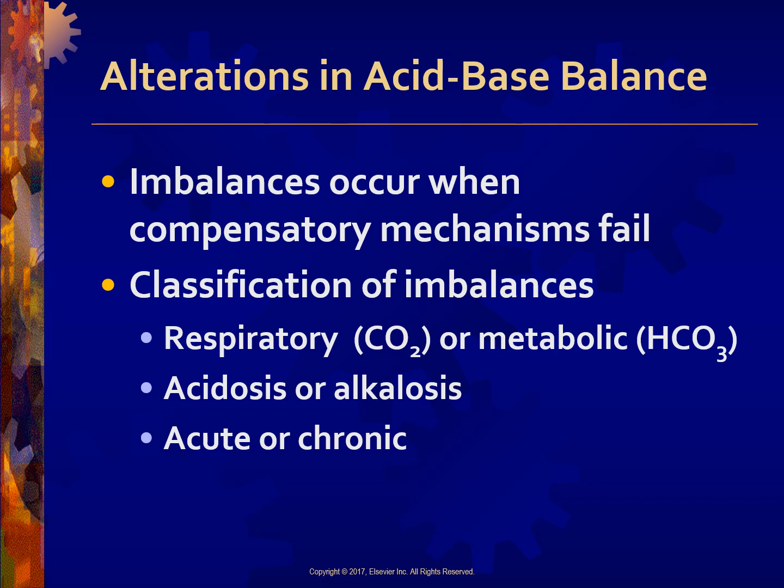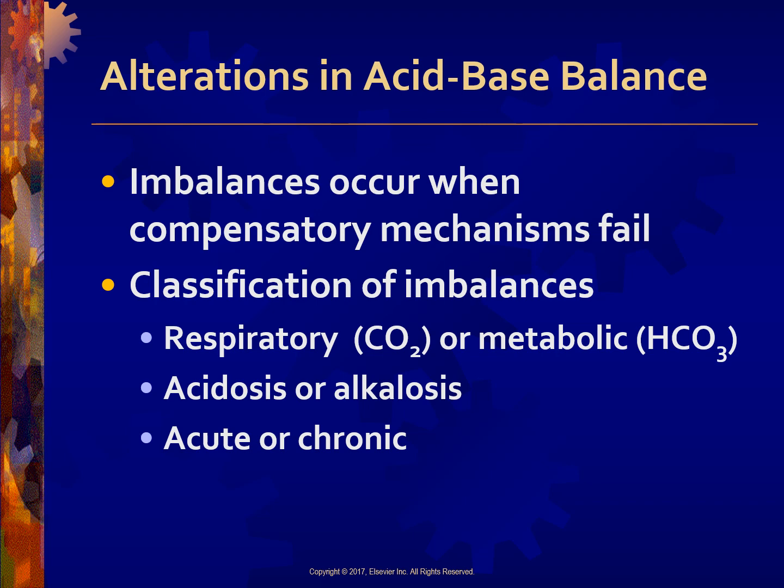Acidosis occurs when there's an increase in carbonic acid, which is respiratory acidosis, or a decrease in bicarbonate, which is metabolic acidosis. Alkalosis occurs when there's a decrease in carbonic acid, which results in respiratory alkalosis, or an increase in bicarbonate, which results in metabolic alkalosis.